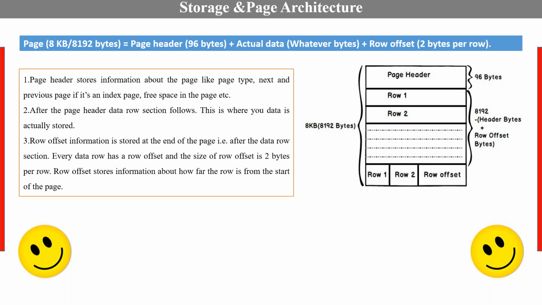Within that 8 KB, 96 bytes will be allocated for the page header to store the complete information about your page. What is the page ID, page type, and a very important concept, slots. A slot is nothing but a record, sir. How many slots are available in that page?